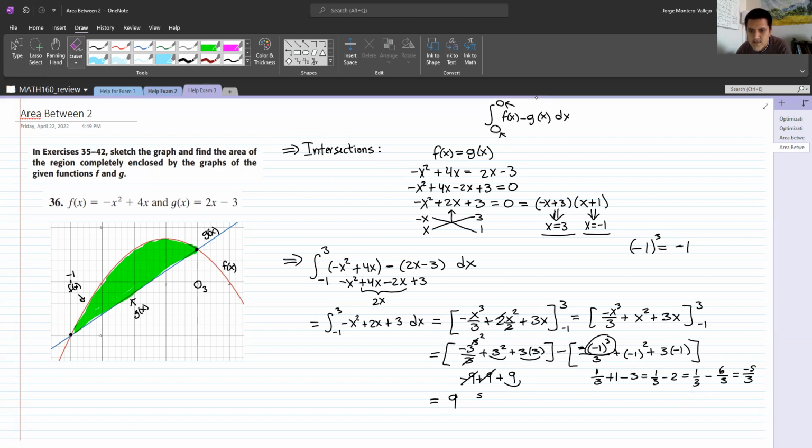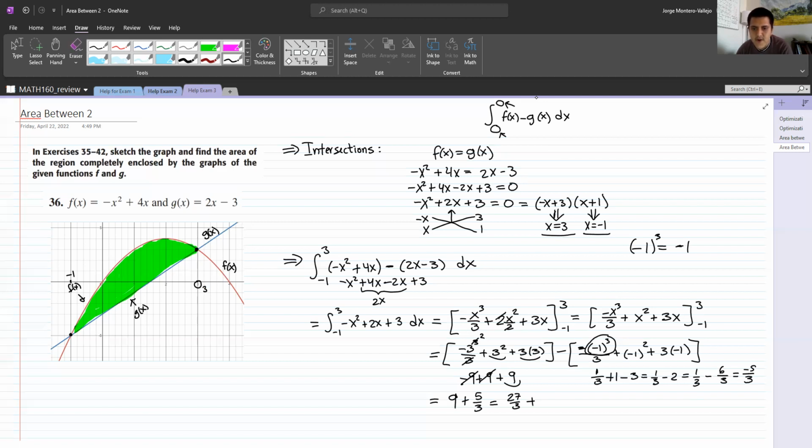Oh, wait. I'm making a mistake there. The bracket here gave you -5/3, but there is a minus there in between, right? That minus is going to be applied on 5/3, and it makes it positive. So you actually have 9 plus 5/3. You can see 9 as 27 divided by 3.